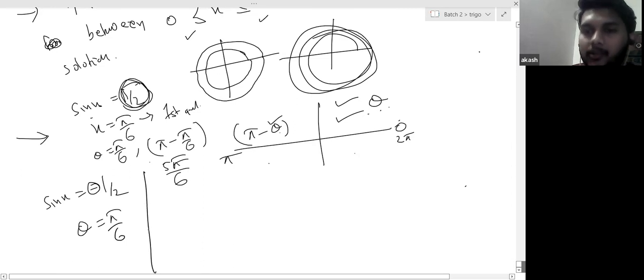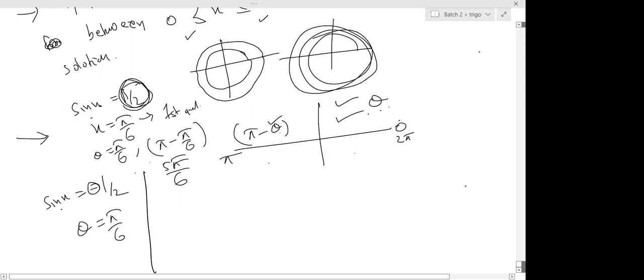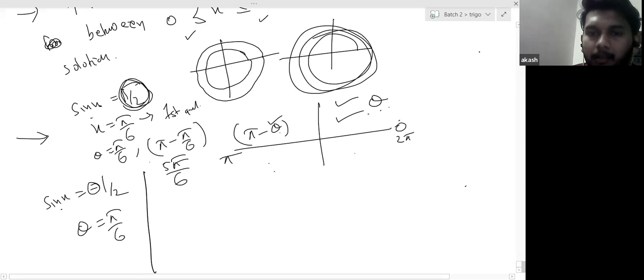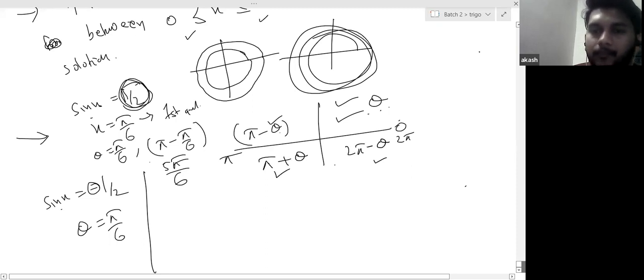Now we are trying to find the solution. In the question, it is given that sin x is minus half. In which quadrant is sine negative? Third and fourth. So in the third quadrant, use the formula pi plus theta. In the fourth quadrant, use 2 pi minus theta.